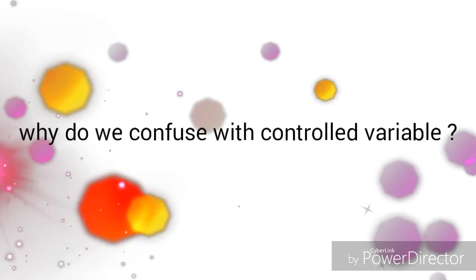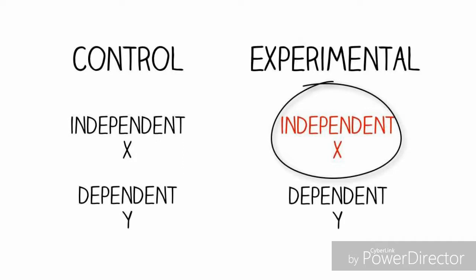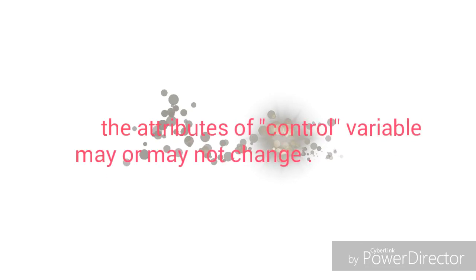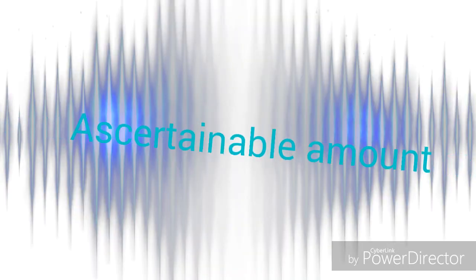Sometimes we get confused with the controlled variable. Most of us think control variable means a static condition, but that is not correct. A control variable may be one whose attributes do not change, but it may also be one whose attributes change in a ascertainable amount. I am giving one example.